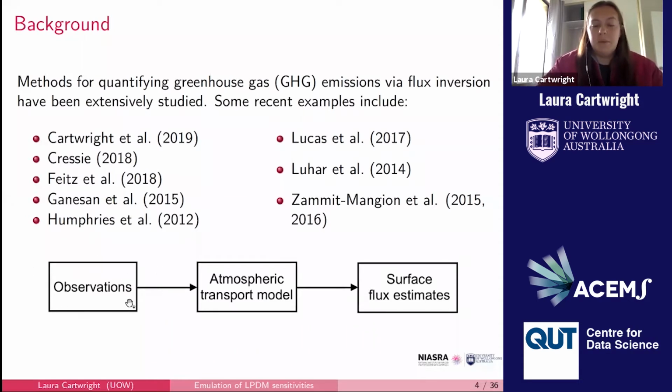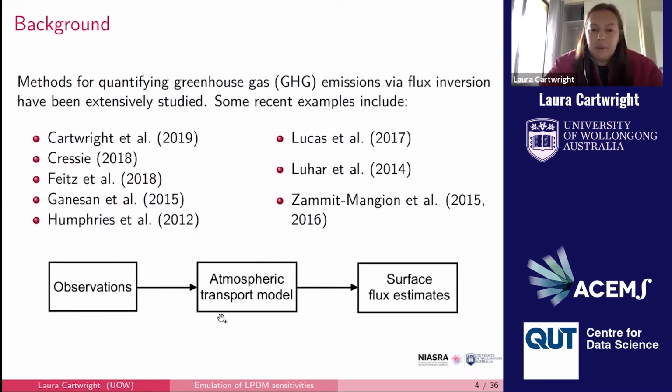These would be measurements of methane around whatever domain you're interested in. Then you would choose an atmospheric transport model, and use that to simulate those same measurements. Then you adjust the parameters of your atmospheric transport model so that the modeled concentrations and the observations match up as best as possible.